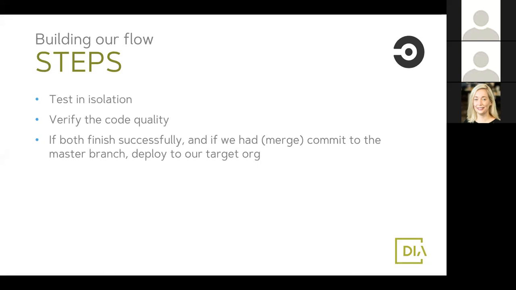Also, I'm eager on verifying that the code quality in my repo is high and follows best practice. And only if both things finish clean, testing in isolation and the quality gate for my code, I want the commit to go into the target org, and only if we have a commit in the master branch, and not for the other branches that I might have in my repo.